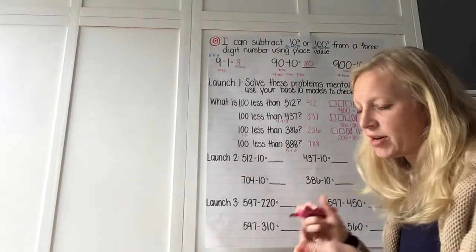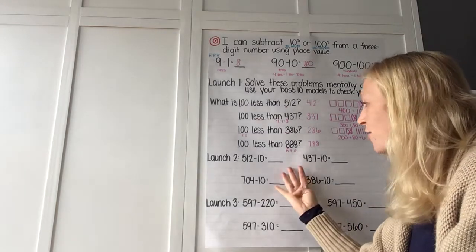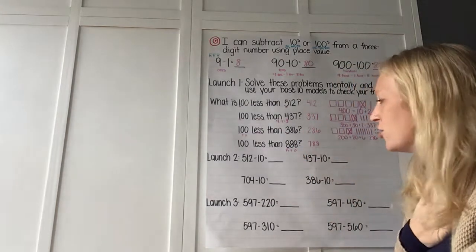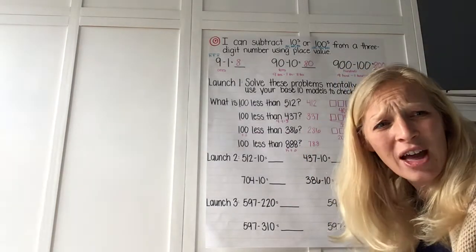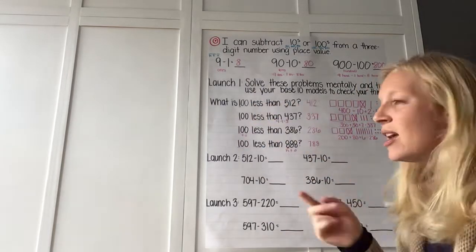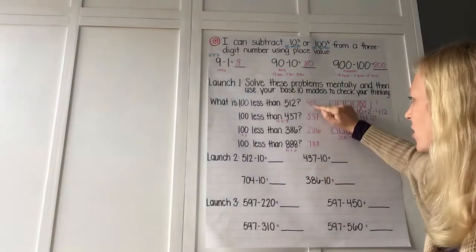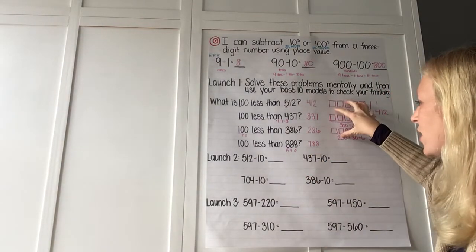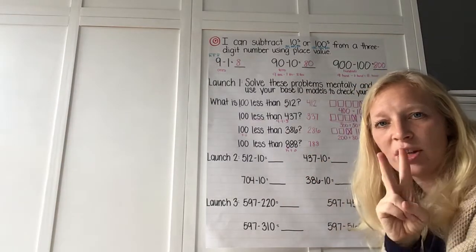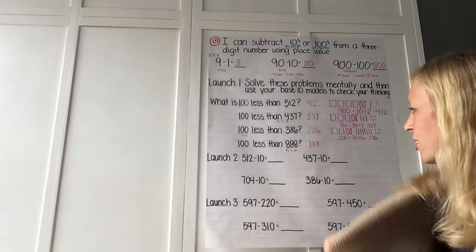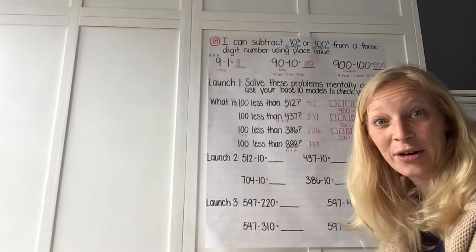Same kind of work, my friends. This time we have 4 to solve. I'm not going to do the first one for you because I showed that first one up here. Same thing's going to work, though. You're going to do it in your head first, like all of our friends did, and then prove it with a model. And we'll only choose a couple to prove with a model so we can start seeing these patterns, okay?